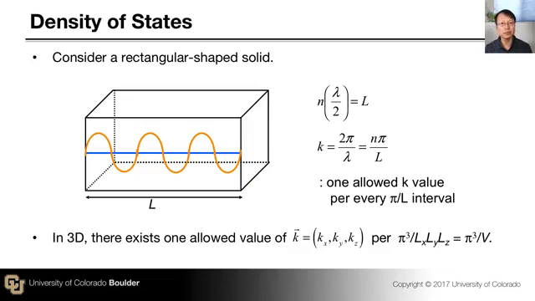Now I want to know what is the volume occupied by one k value. To look at that, we consider the simple case of a rectangular solid. An electron in this rectangular solid can only survive if the electron's wave function forms a standing wave.